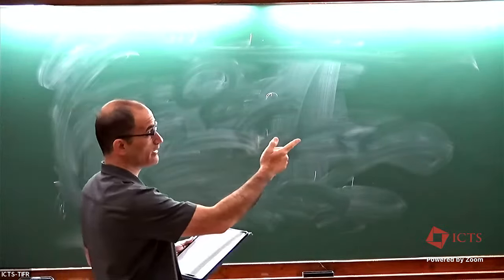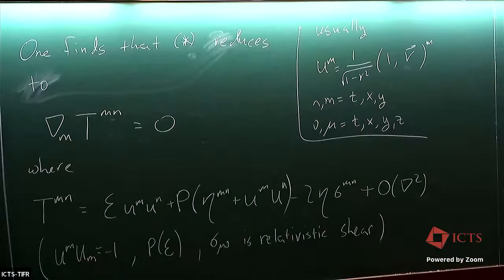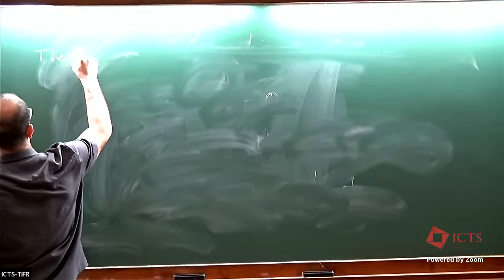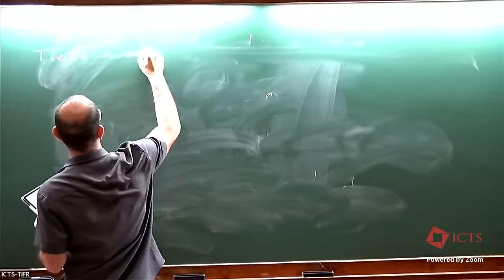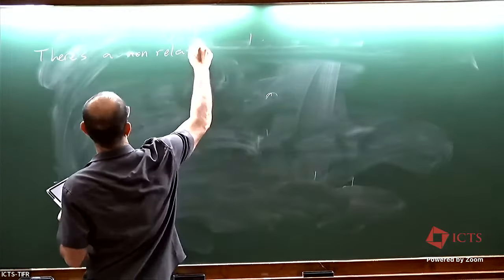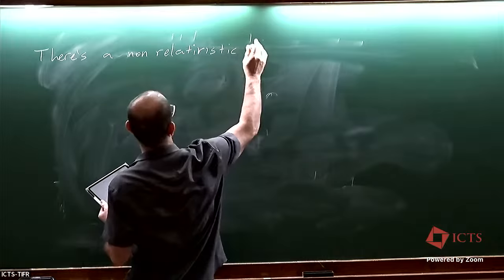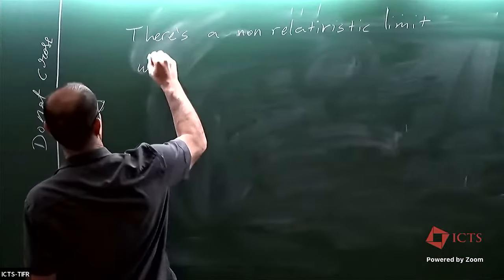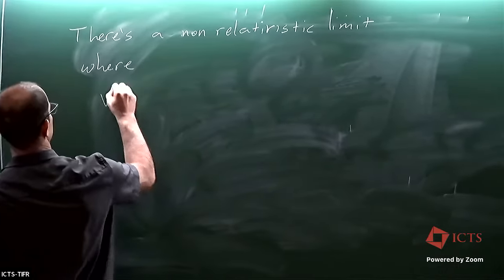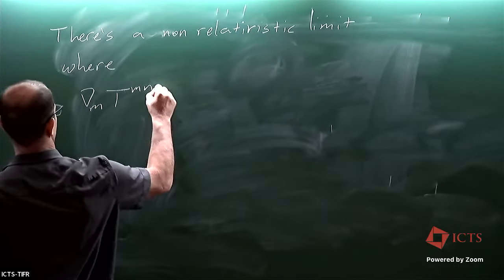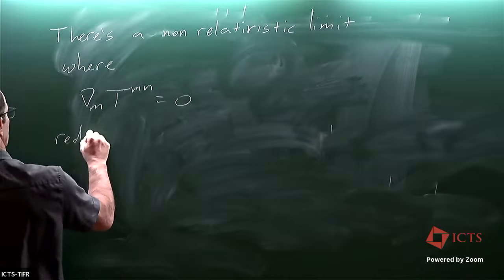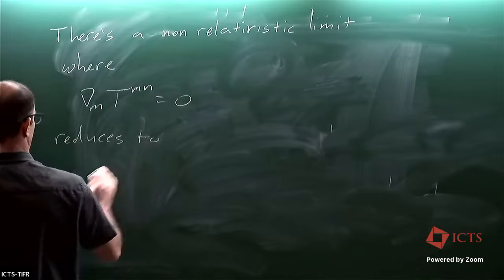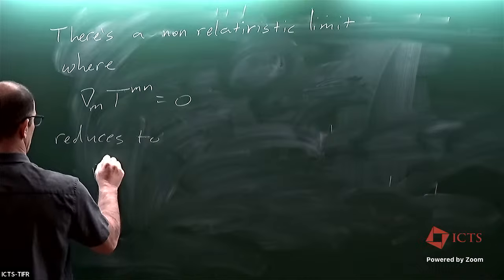So like you asked, we have here a relativistic set of equations, but one can show that there's a non-relativistic limit where this reduces to the Navier-Stokes equation.